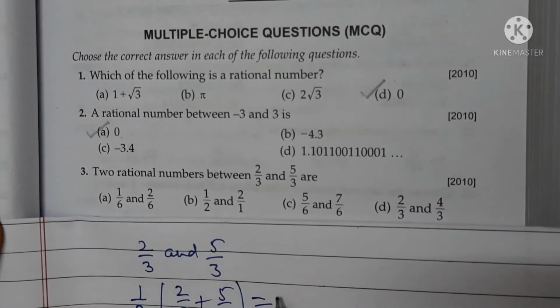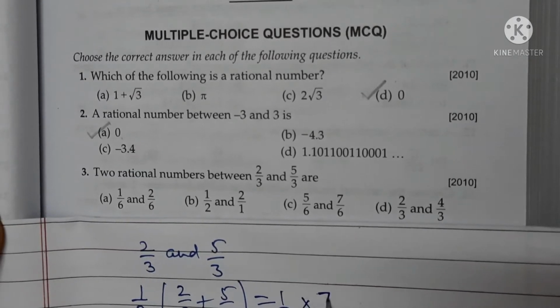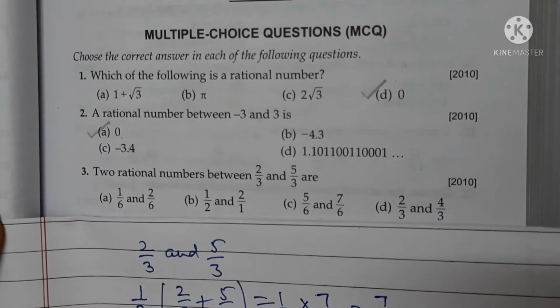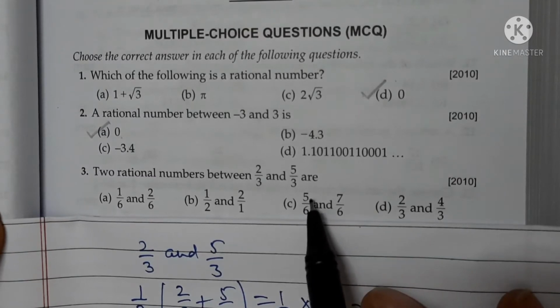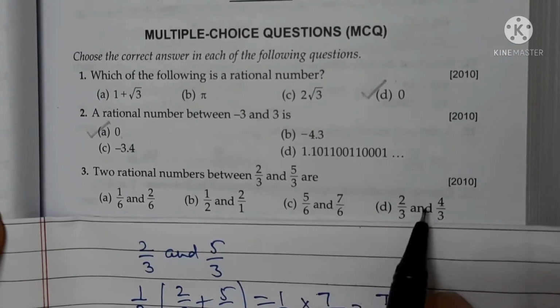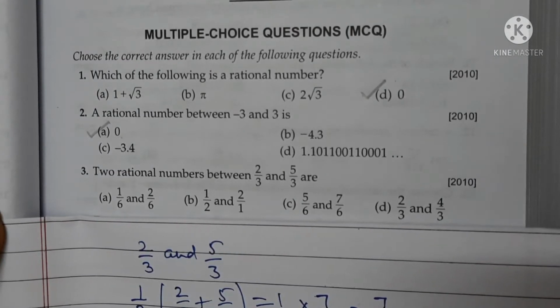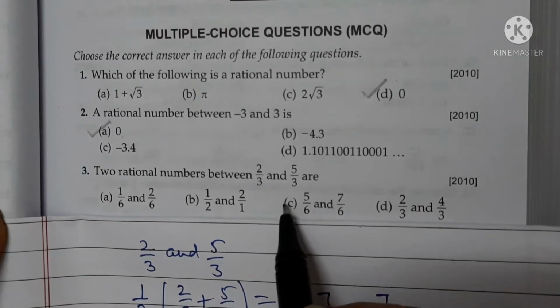This will be 1 upon 2 into 5 plus 2, 7 upon 3. This will be 7 upon 6. Here option C has 7 upon 6 and 5 upon 6, and the other options do not have 7 upon 6. So, no need to find the second rational number. This shows that option C is correct.